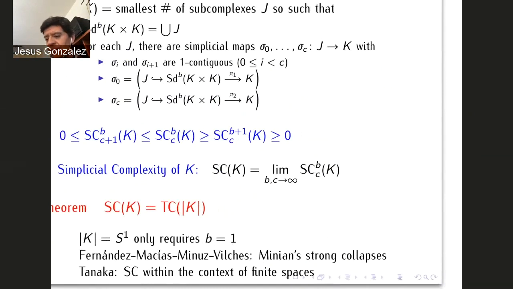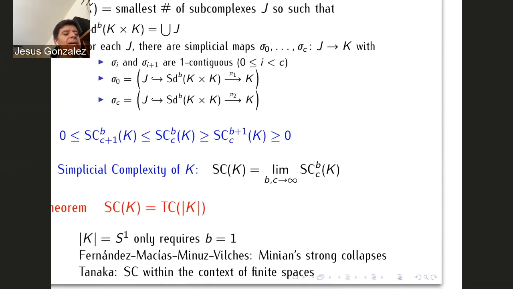I already mentioned this work in progress by the group of NESA, but there are also some other approaches, one of which was done by a group of people in Spain, Fernandez, Macias, Minuz, and Vilches, who use Minian's concept of strong collapses, which is also closely related to homotopy problems in complexes, to discretize this problem.